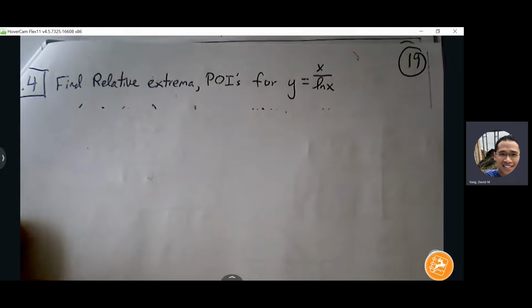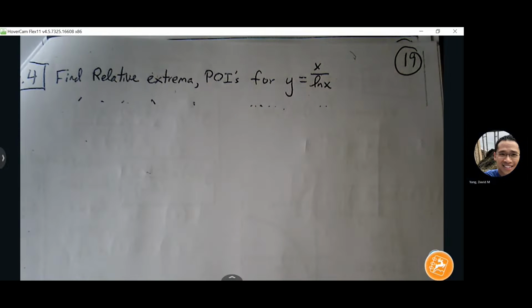Okay, if you guys can go to page 19 in your packet. I think we've done something similar like this, but I wanted to kind of get that additional practice.